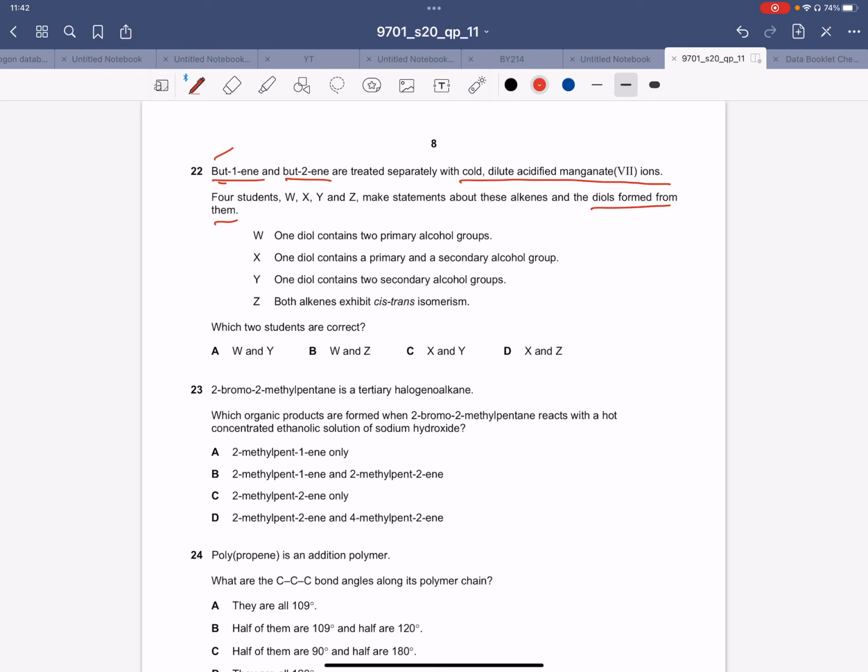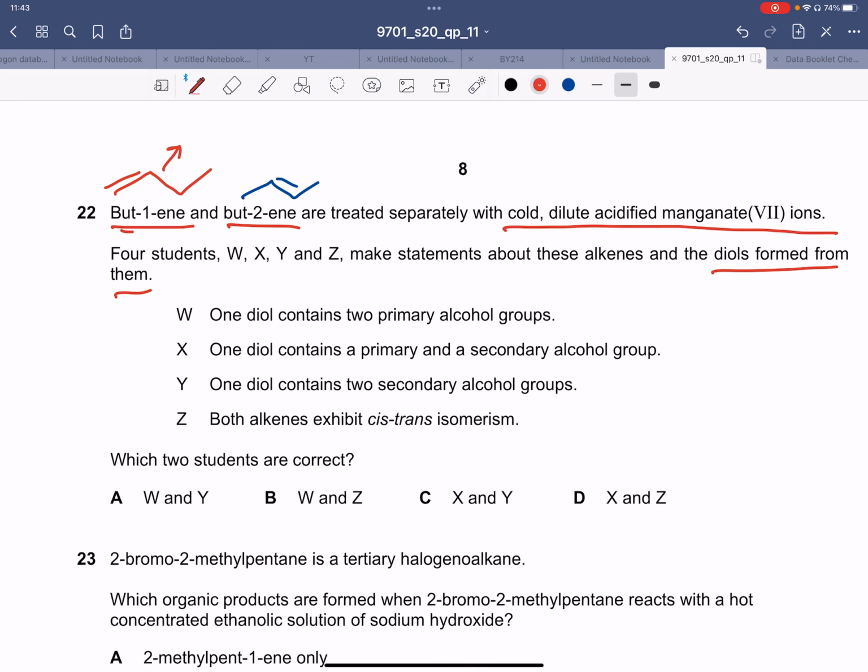So butene, let's see, one, two, three, that is 4 carbons. Butene looks like this. What butene will do is, when it performs a diol creation, it basically does this.